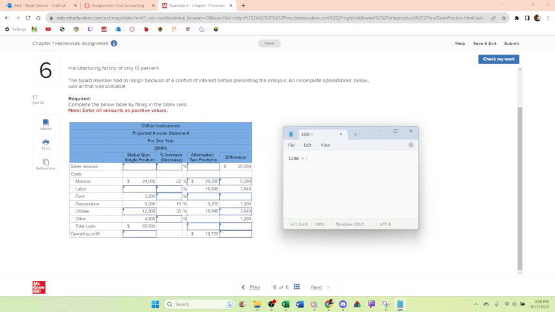1200 equals... oh, wait a minute, maybe I can't. This one equals 480 times x.